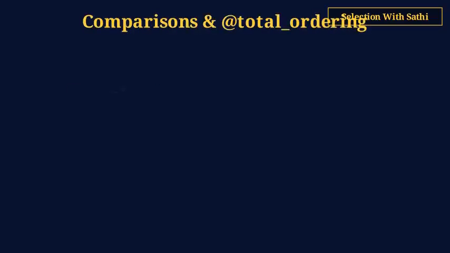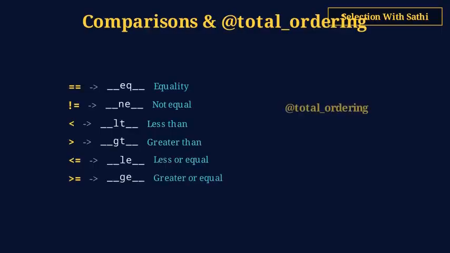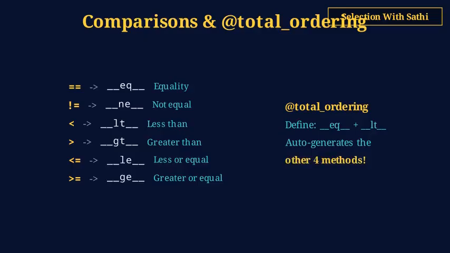Python has 6 comparison operators, each with its own dunder method. __eq__ for equals, __lt__ for less than, __gt__ for greater than, __le__ for less or equal, __ge__ for greater or equal, and __ne__ for not equal.